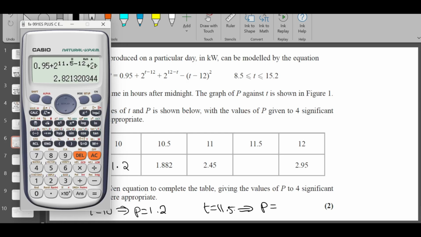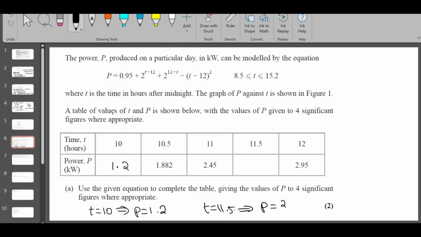They want the answer to 4 significant figures, so 2.821.